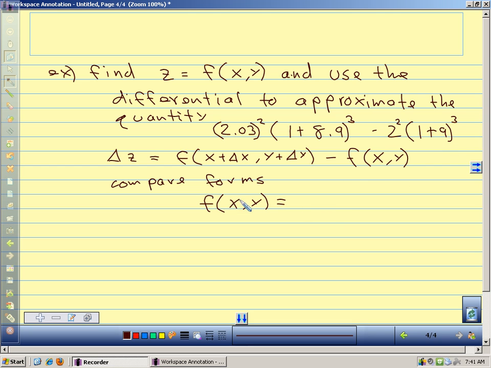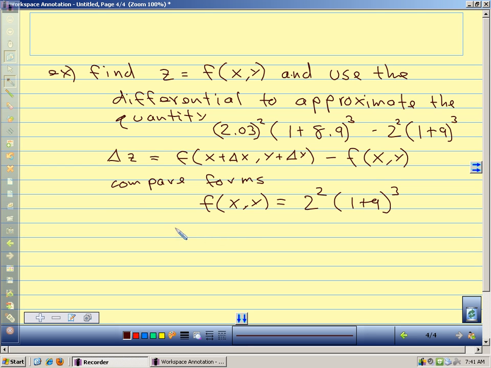So at this particular xy, we have something squared times 1 plus something cubed. So I'm just going to write this as at this particular point, f of xy equals 2 squared times 1 plus 9 cubed. That's going to be our function at this point.